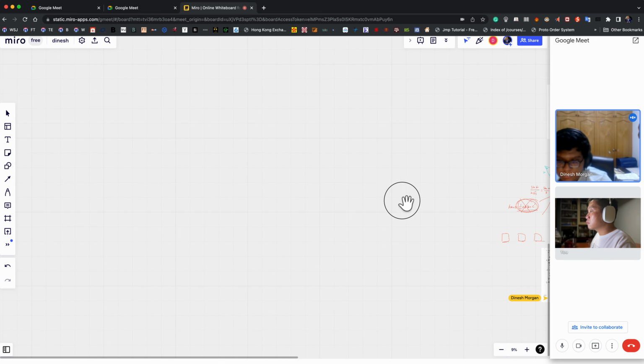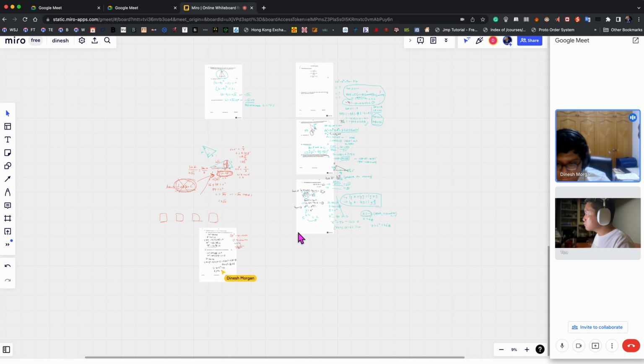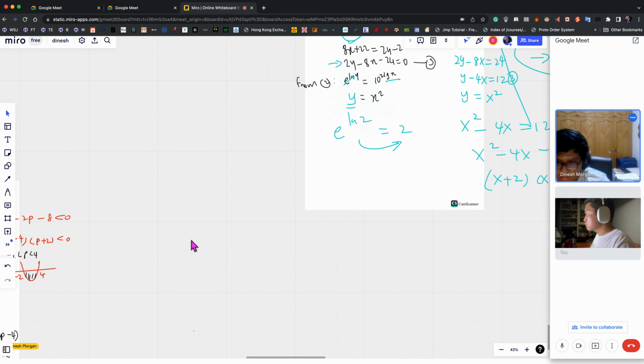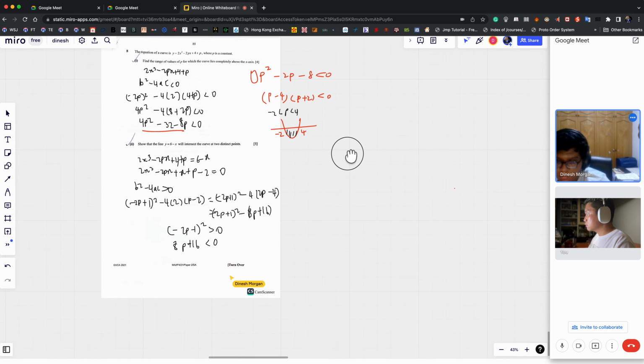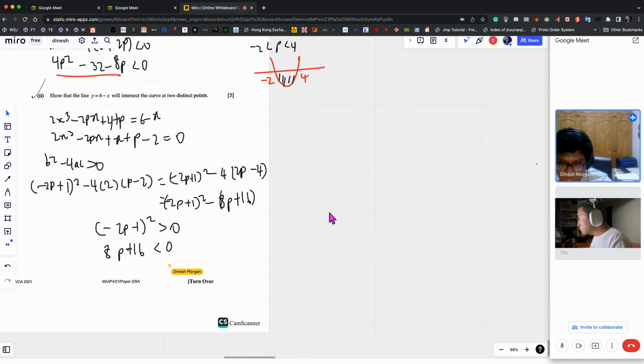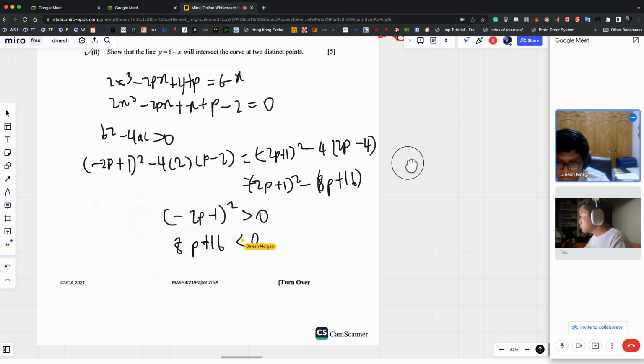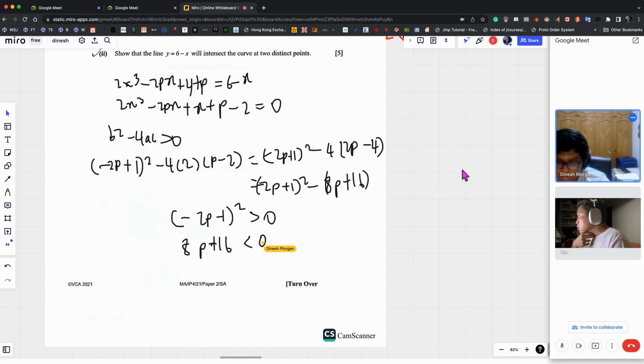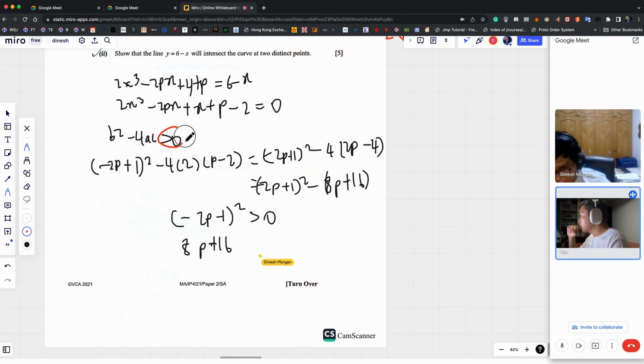80 plus 16 is always lesser than 0. You know, it could also be larger than 0. So what do you end up with? I need to prove that my equation is always larger than 0. So in a way, you don't assume it's bigger than 0 first.